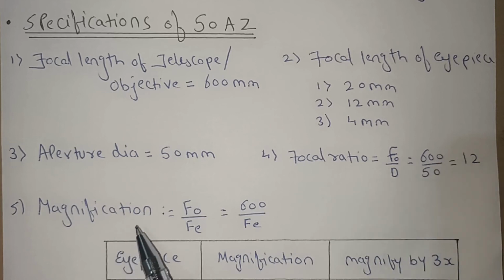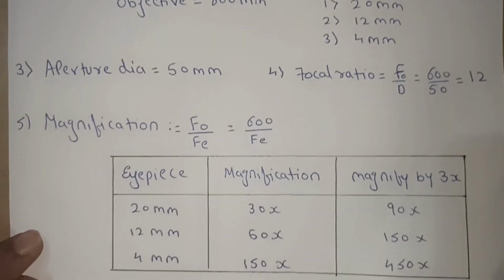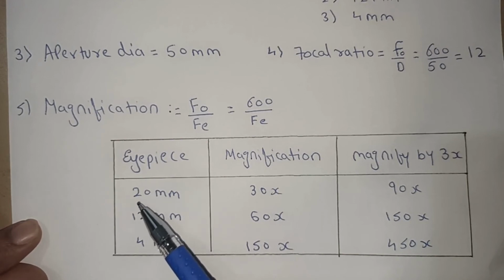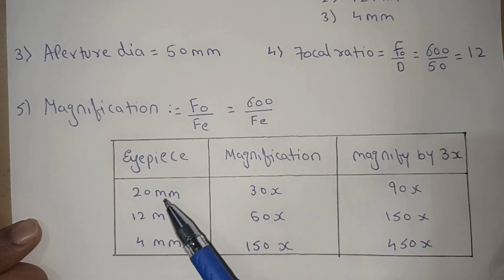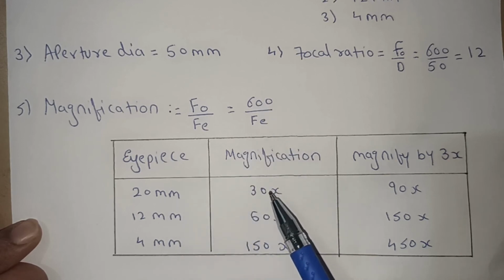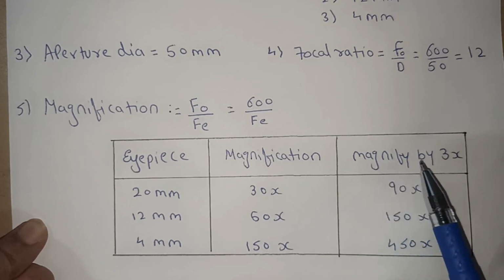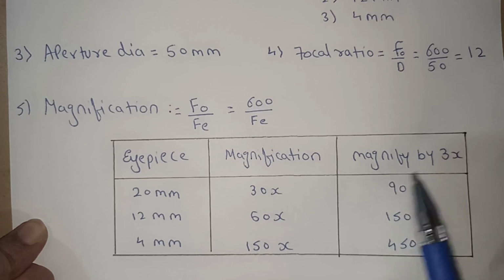The magnification is the focal length of the objective divided by the focal length of the eyepiece. The focal length of the objective is fixed at 600, so magnification is 600 divided by Fe. If you use the eyepiece of 20 mm focal length, 600 divided by 20 is 30, so you will get 30 times magnification. If you also use a magnifier of 3 times magnification, then it will be 90x, since 30 multiplied by 3 is 90.